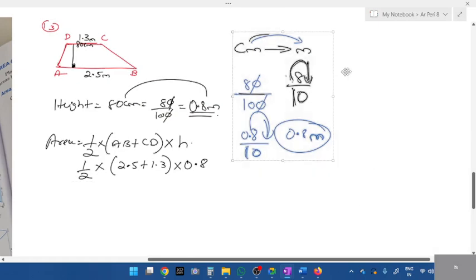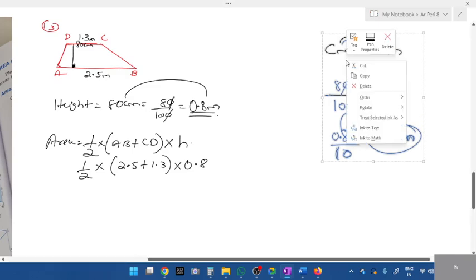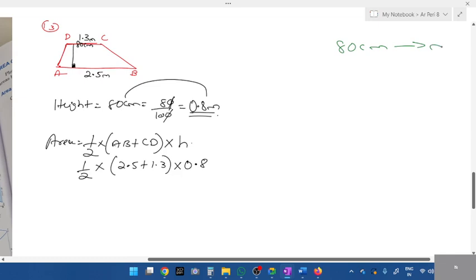Try to convert units. If you're not converting, your answer is definitely wrong. First add, according to BODMAS, you have to add it, not multiply.